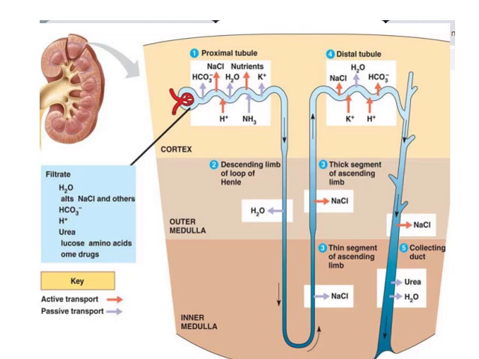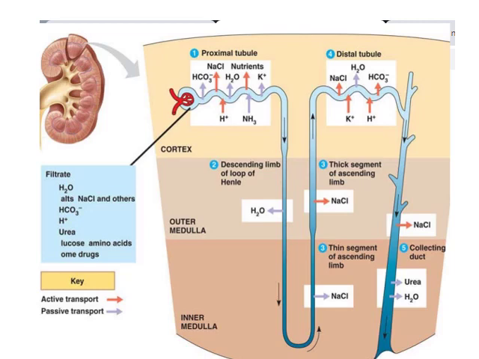So you can see in this diagram, in the proximal convoluted tubules, bicarbonate ions will be exported outside from the filtrate. Sodium chloride, water and potassium ions go outside, whereas hydrogen ions and ammonia will go inside the filtrate.